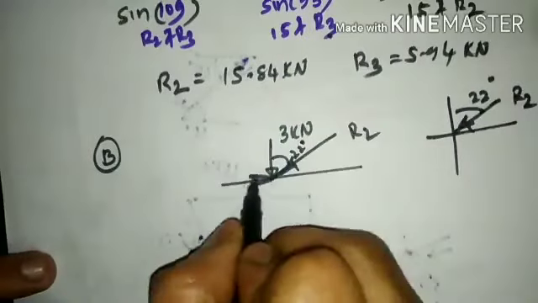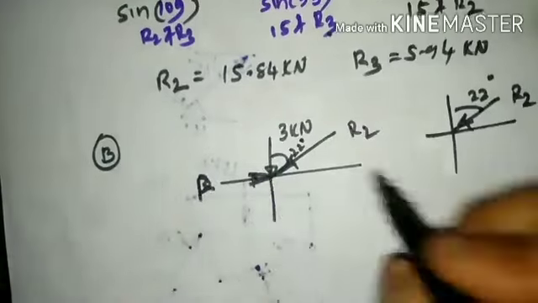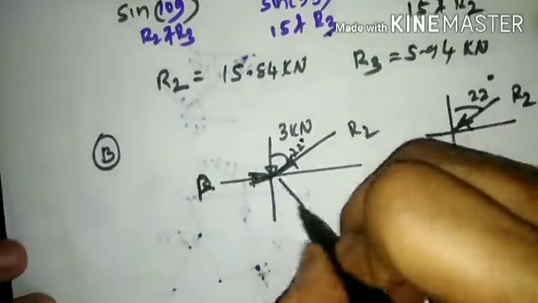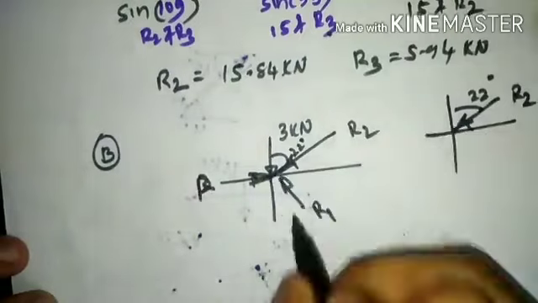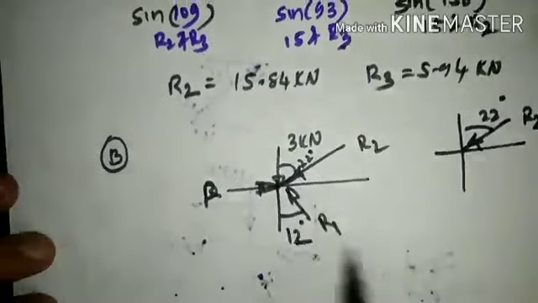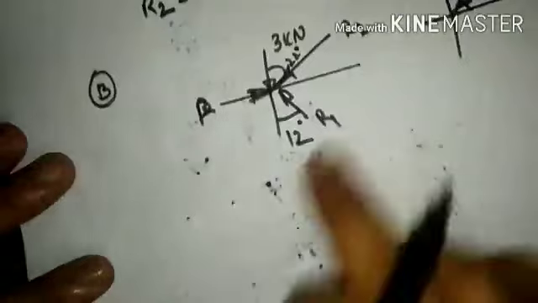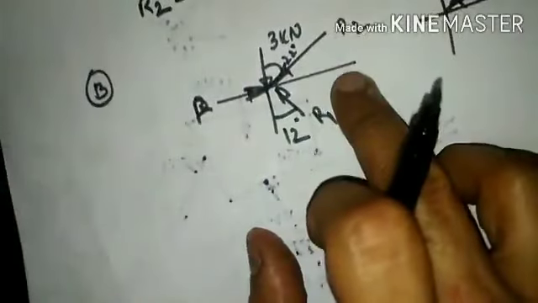P will be shown towards the right-hand side. Then in the fourth quadrant, you also have a force called R1, which will make an inclination of 12 degrees. So these are the forces pertaining to block B.